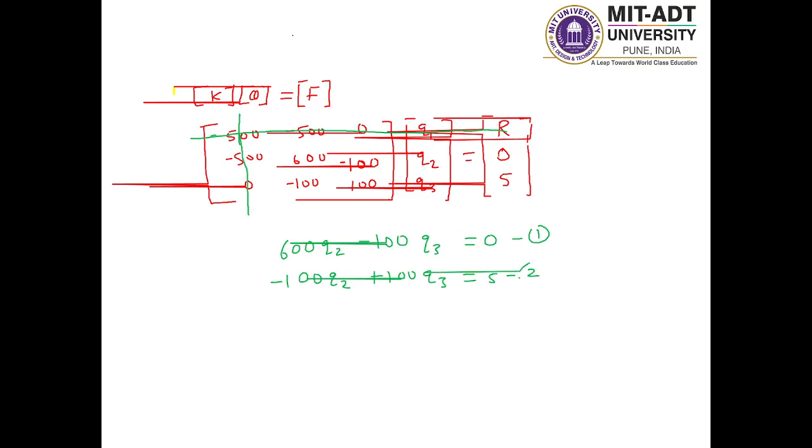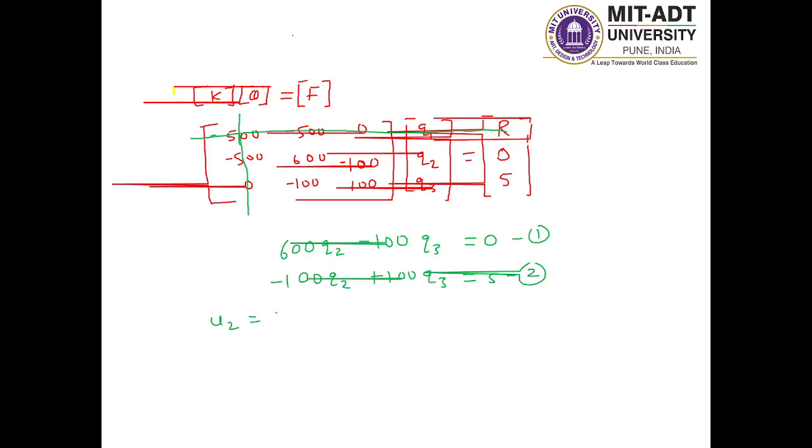So this is equation number 2. Now what we have is two equations and two unknowns. So we can easily find out the value of q2 by solving these equations.